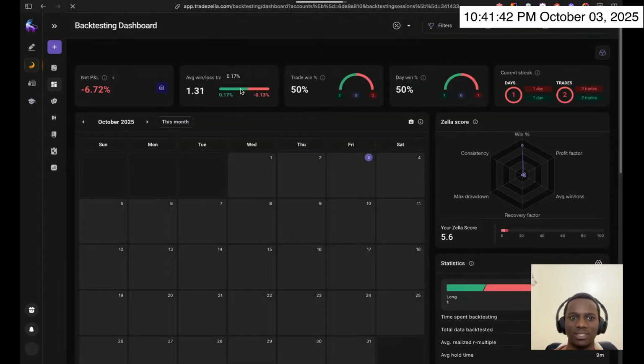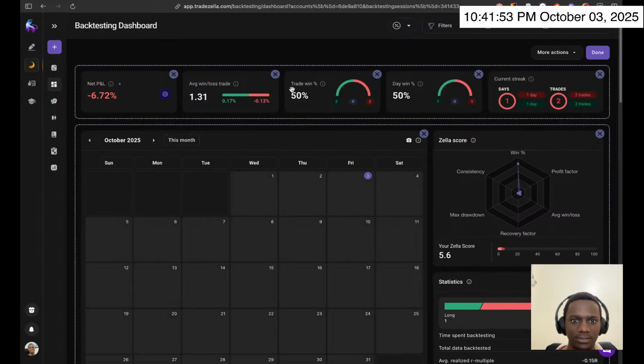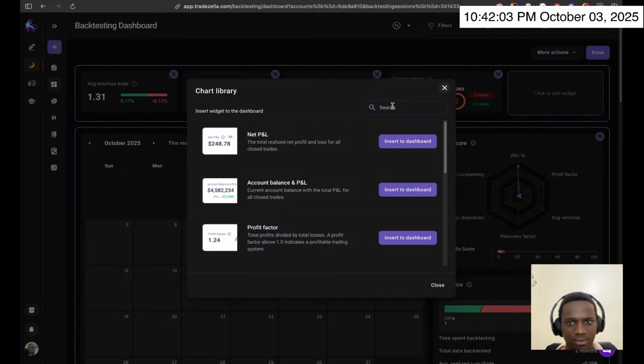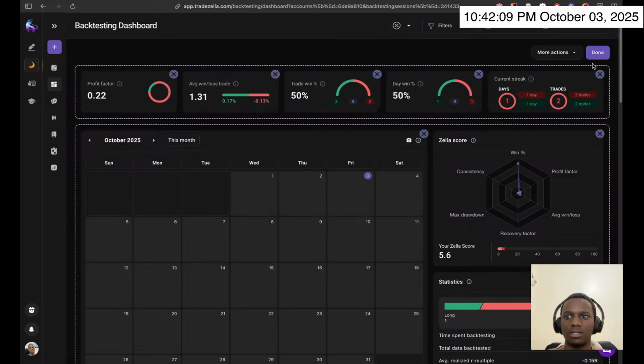My profit factor dropped, and I wanted to check the profit factor, the thing that matters most. What am I gonna hide? Win loss trade. I want to see the, what's it called, profit factor inside the dashboard. Yeah, and it will be here.